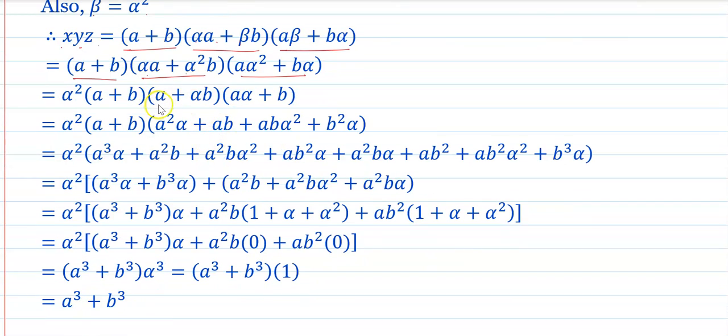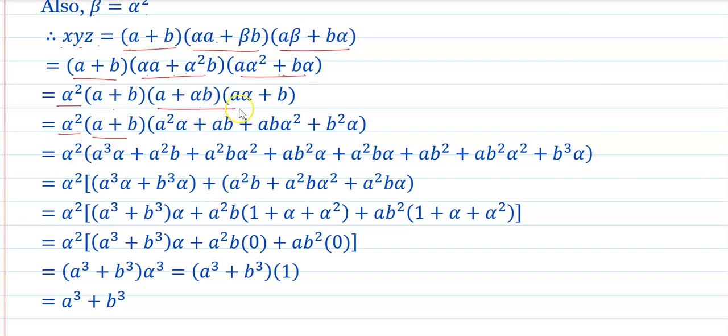Next, from the second and third bracket, we'll take alpha as common. Alpha into alpha, you will get here alpha square. (a plus b). If you take alpha as common, then in the bracket you will get a plus alpha b. From here, take alpha as common, a alpha plus b. And therefore here is alpha square (a plus b).